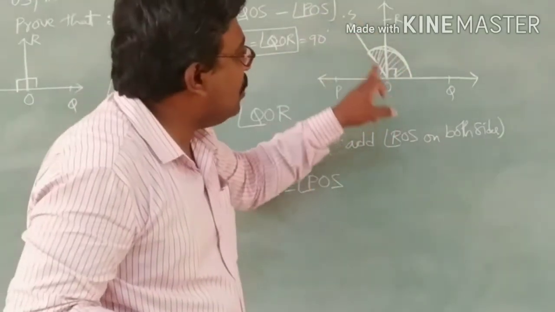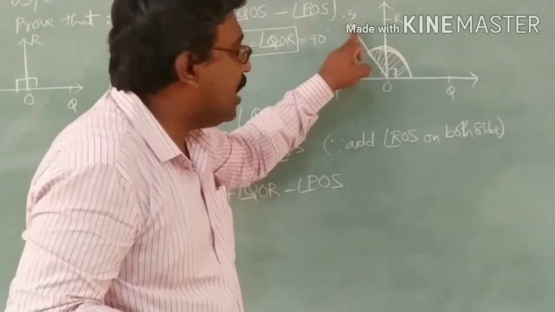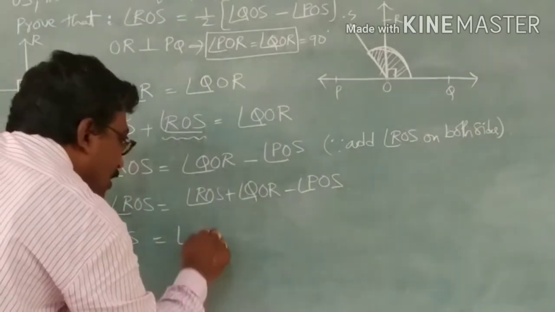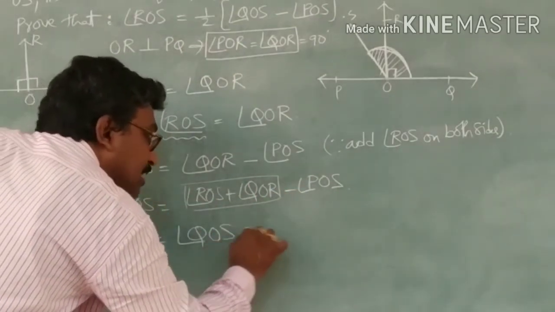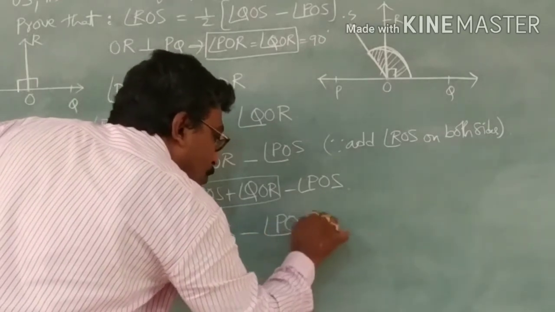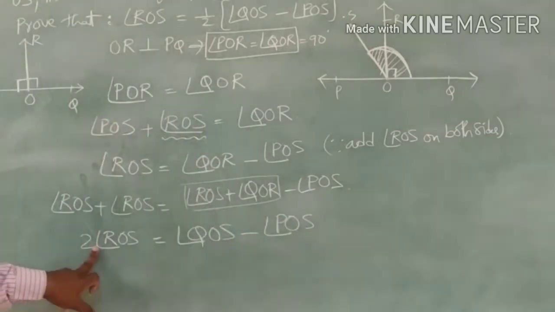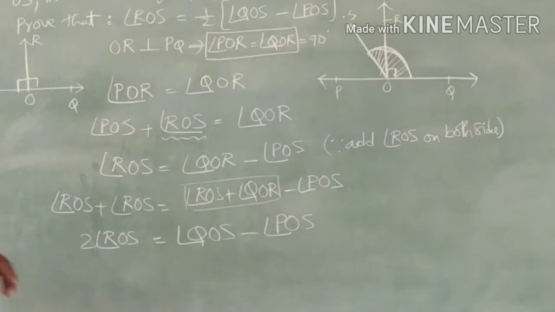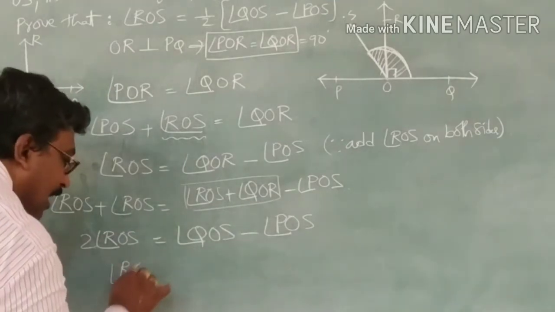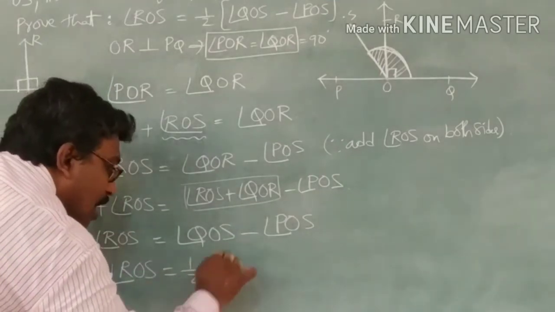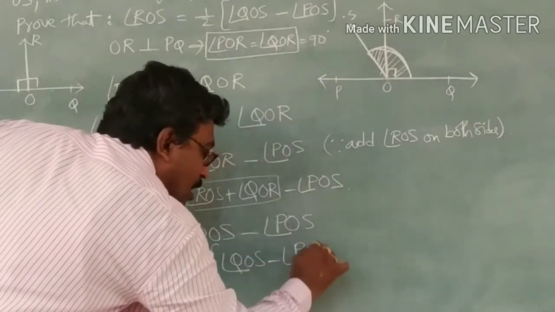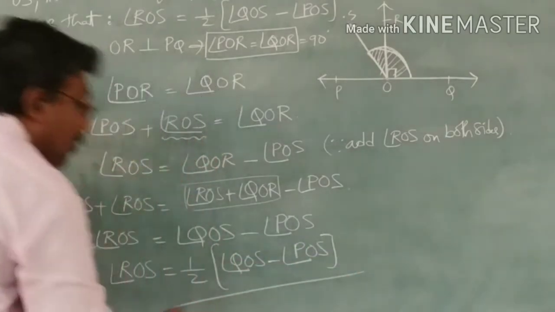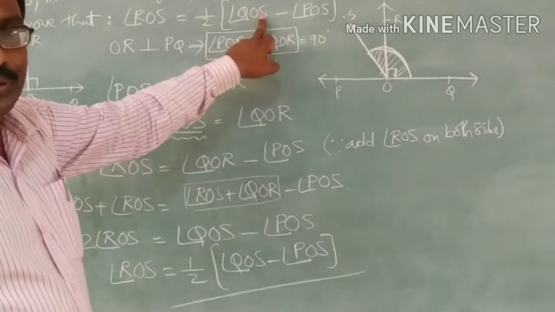The full angle is how much now? QOS. So together these two is QOS minus POS. Here into 2, transfer to that side, divided by 2. So angle ROS is equal to half of angle QOS minus angle POS. So this is what we need to prove.